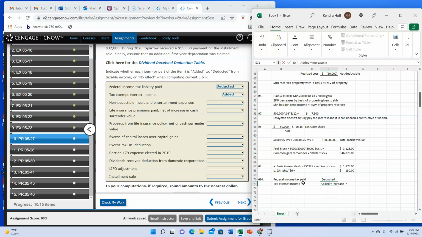It's an increase in, I'm going to say, economic income. That's what the book calls it, because we actually had that money to pay dividends from. Non-deductible meals. We didn't get to deduct it for tax purposes, but we did spend that money, so we have to deduct the rest of it. We don't have that money anymore.